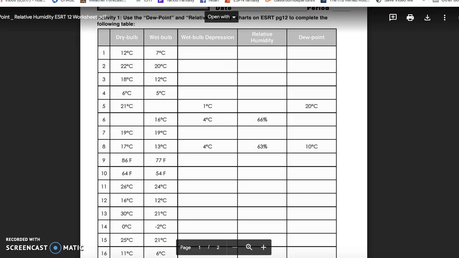A couple reminders. Humidity is the general term that measures the amount of moisture or water vapor in the air. That's water as a gas. Relative humidity refers to the percent of the air that is filled with water vapor, H2O, as a gas. Saturated means that we have 100% full air.